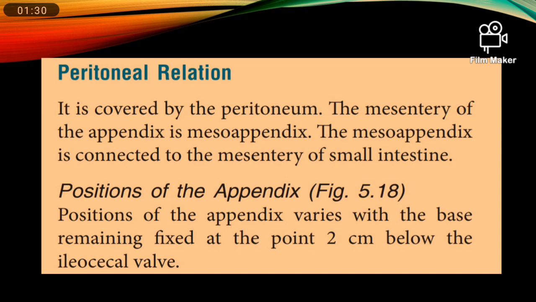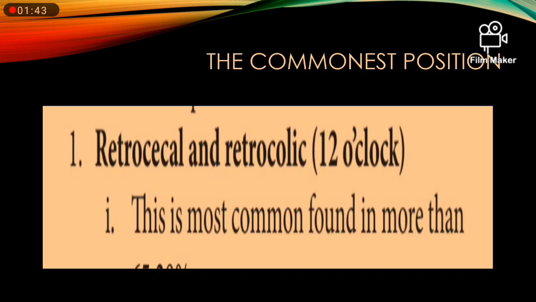Position of the appendix. There are different positions. Among them, the most common position is the retrocecal position. So retrocecal or retrocolic are the most common positions. We may also call it the 12 o'clock position.